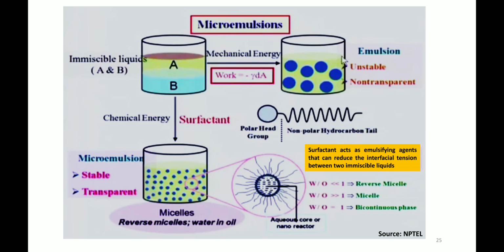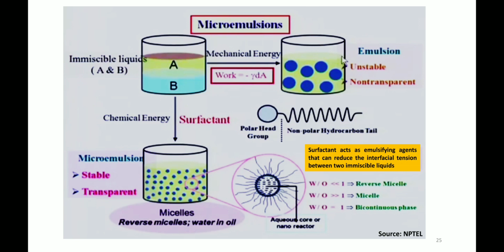They are very small, and they are stable as well as transparent. These small droplets are called micelles. This micelle is basically what is represented in the bigger picture, where you can see there is an aqueous core, which is also called a nano reactor.